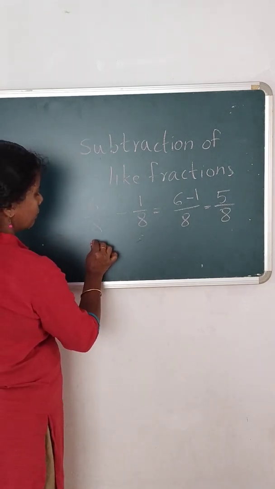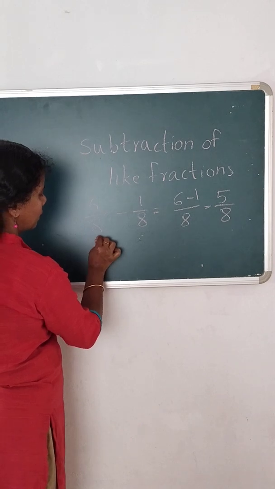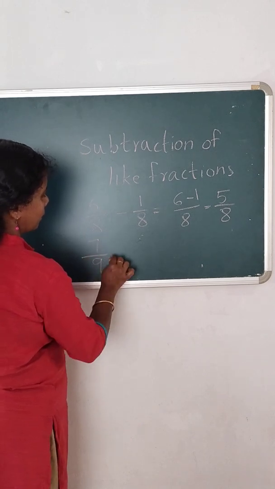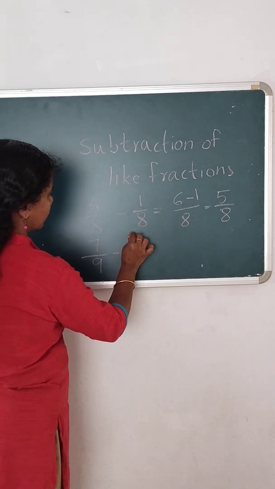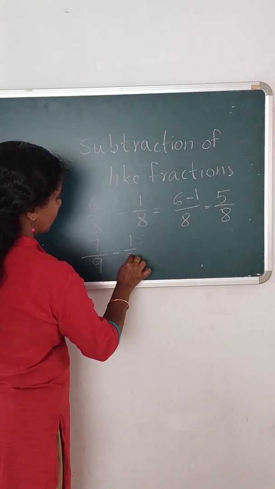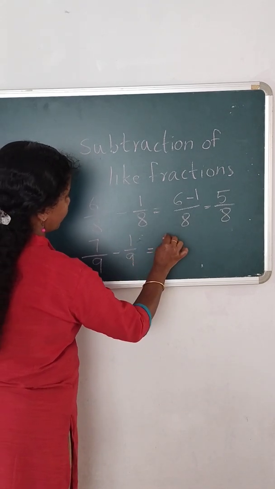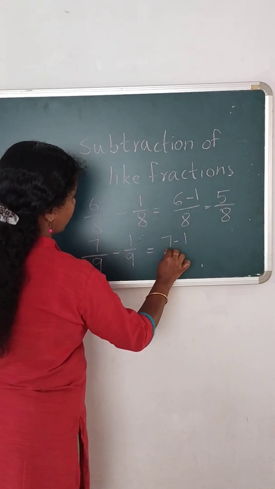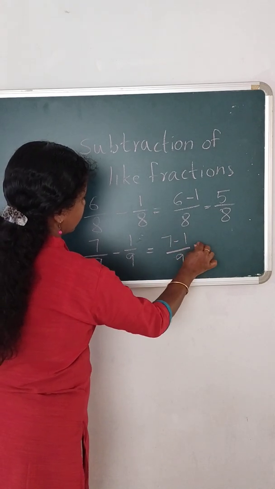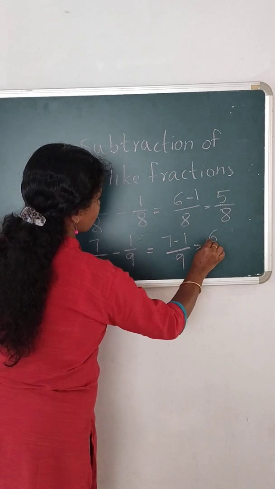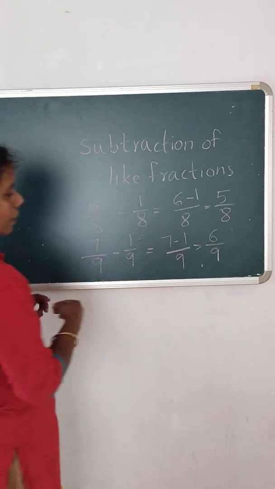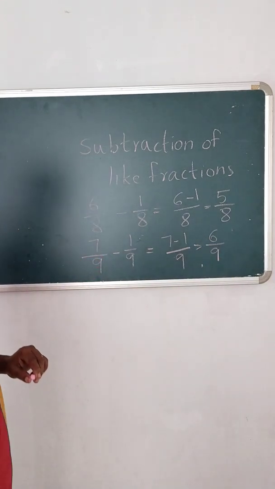Then one more example. 7 by 9 minus 1 by 9. How will we do it? 7 minus 1 by 9, that is equal to 6 by 9. Okay, that is the subtraction of like fractions.